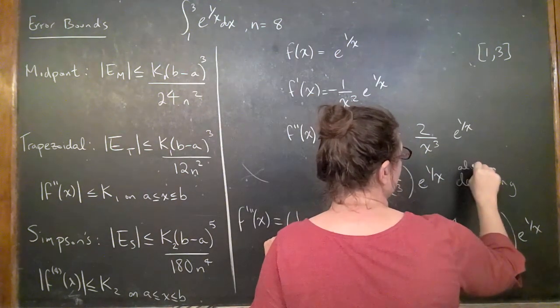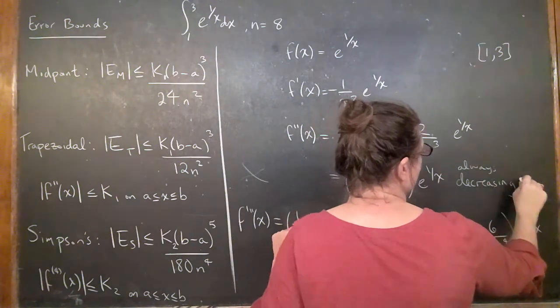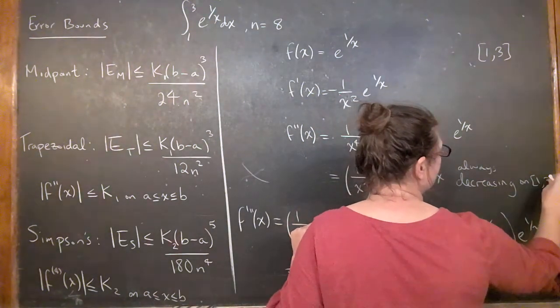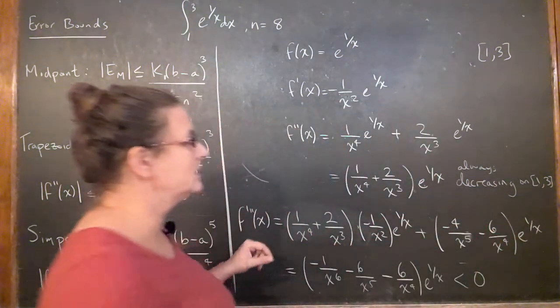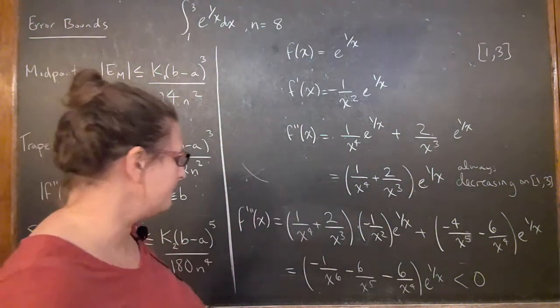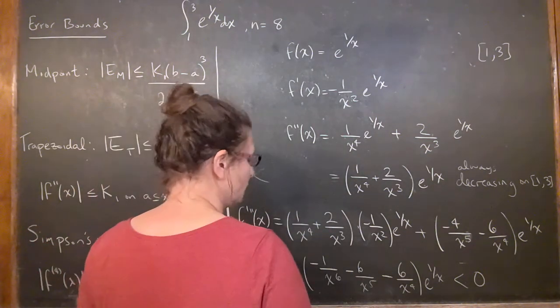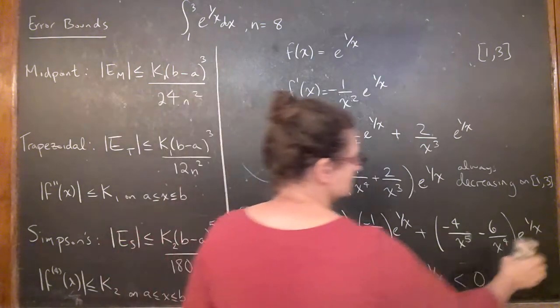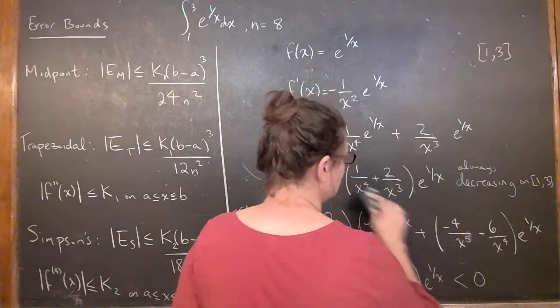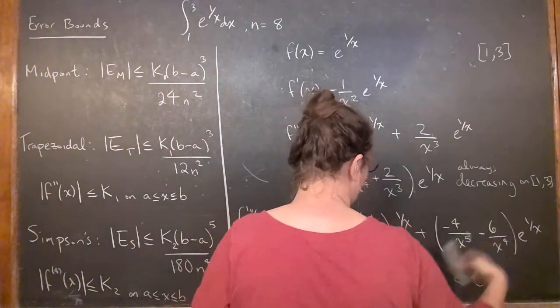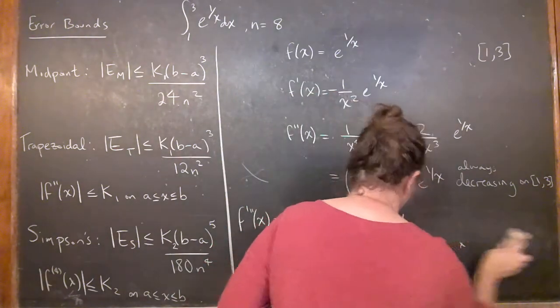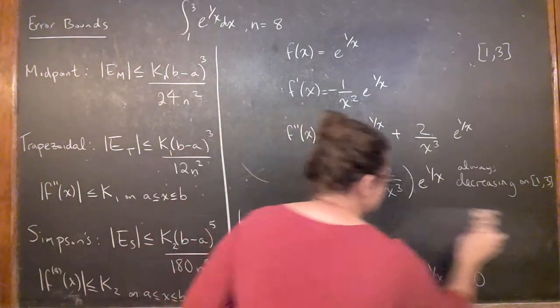I'm not going to get any maxes or mins in my interval. So my maximum is going to happen at the endpoint. I want to keep this guy because I need to take another derivative.